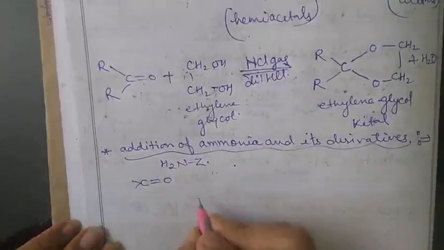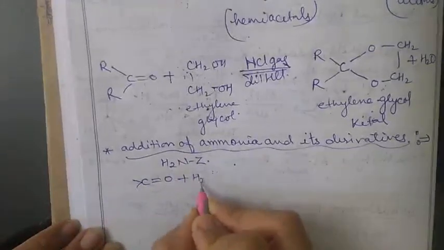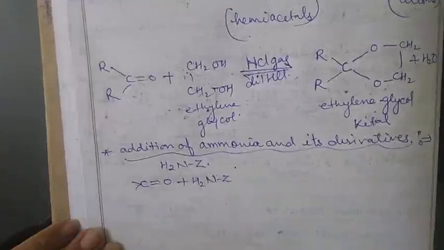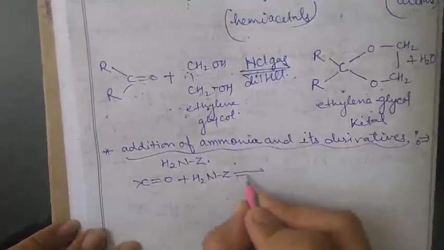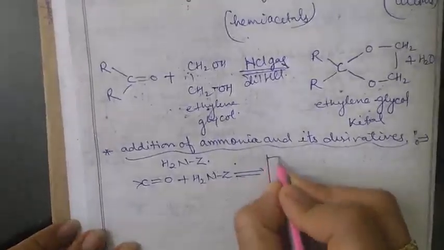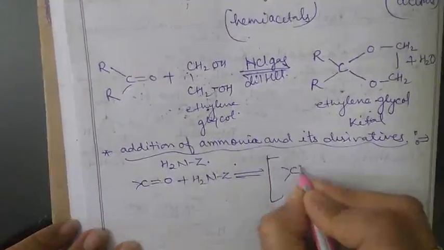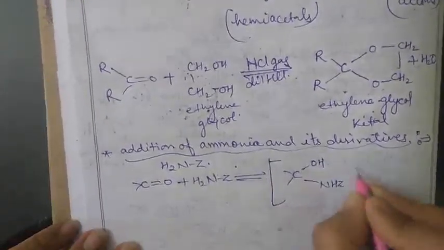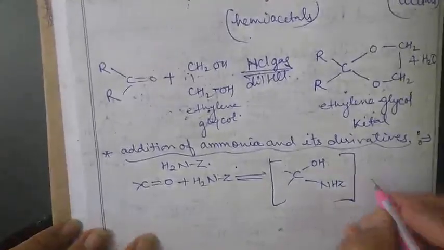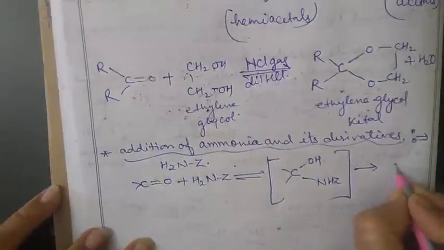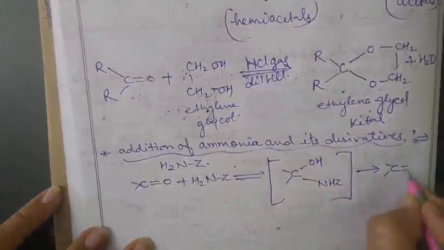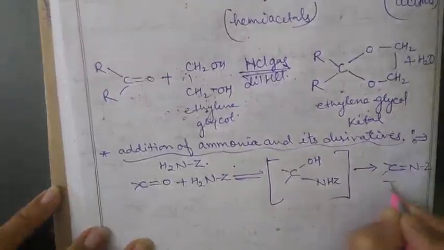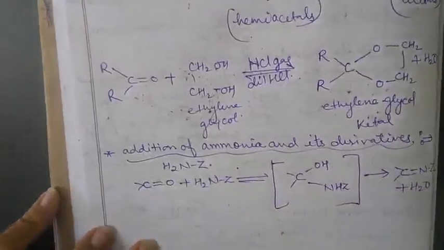This is the carbonyl group and H2NZ, any derivative of ammonia. When they both combine, we have C with OH and NHZ. Clear? So we have C double bond N-Z plus H2O.